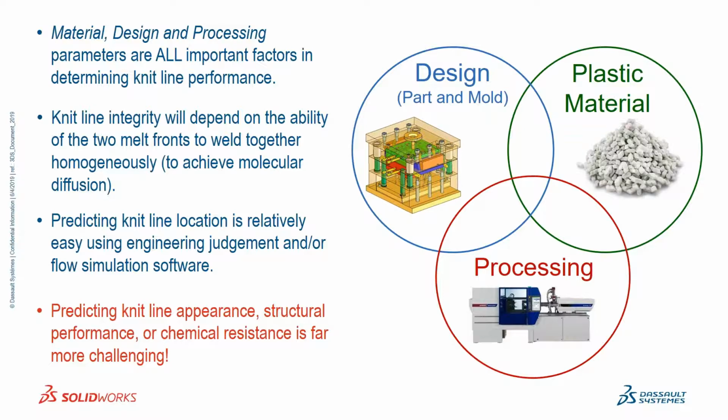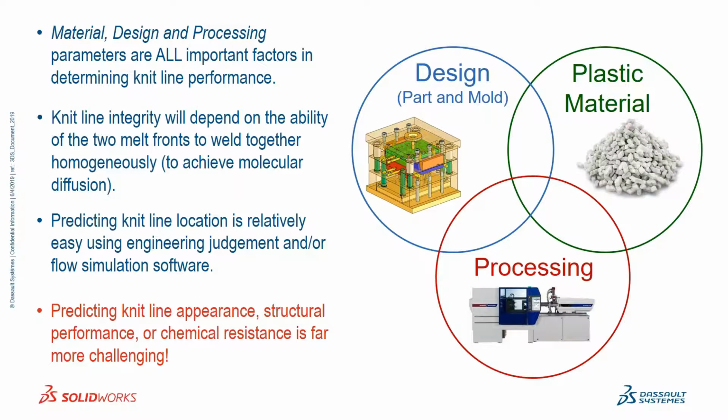So the material is certainly a factor. And while it's beyond the control of the designer, processing issues have a tremendous impact on knit line quality as well. Changes in variables associated with molding, such as melt temperature, injection speed, et cetera, can have a huge effect, as does the design of the tool. So the combination of the part design and the tool design, we really need to think about that.